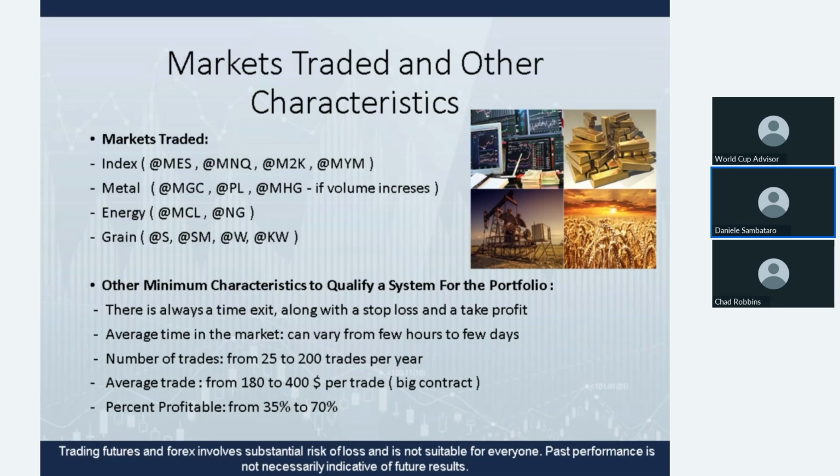The average time in the market can vary from a few hours to a few days. Anyway, most of the trading systems exit at the end of the session, so they are intraday.